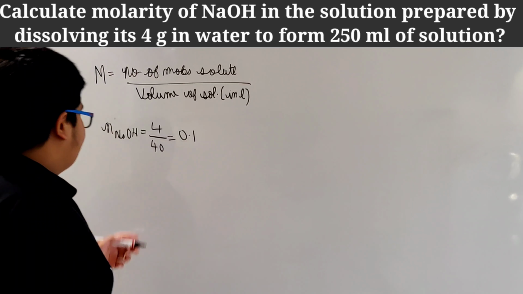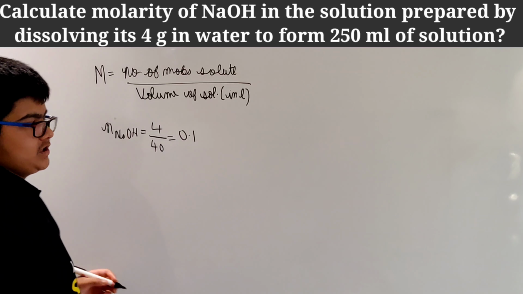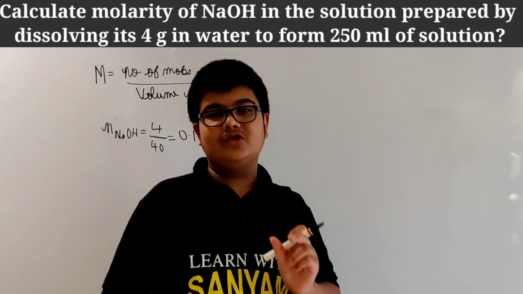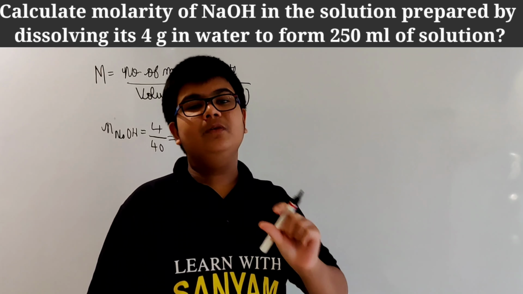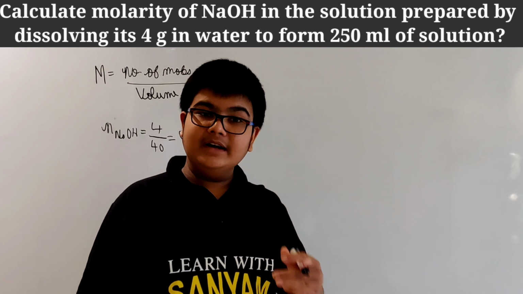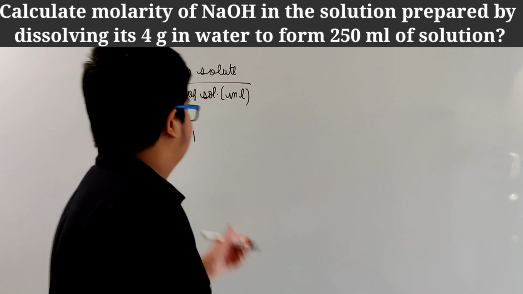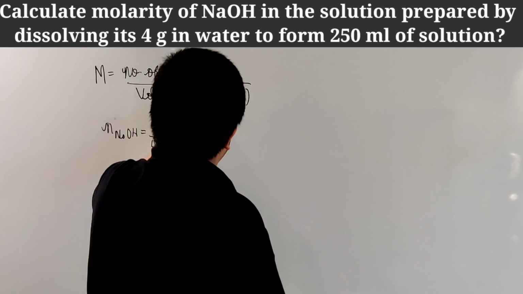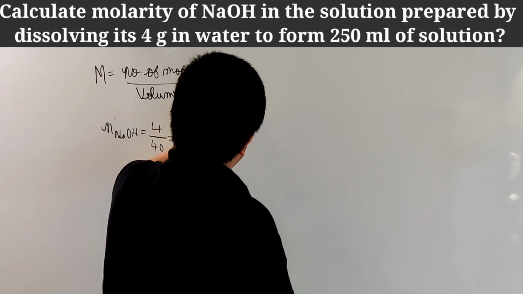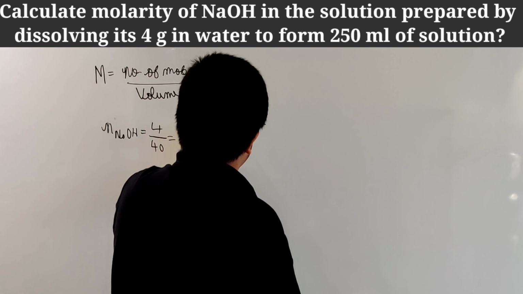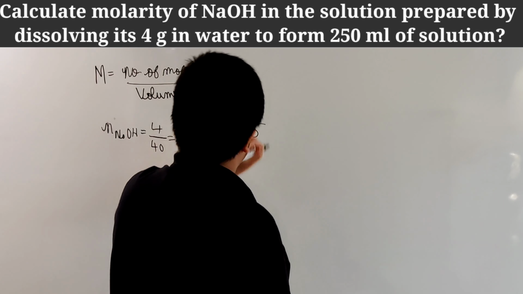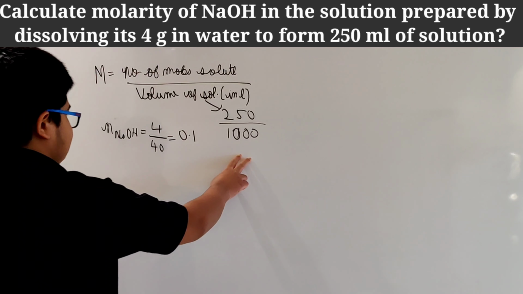Now next we have to find the volume of solution. We are given the volume of solution in milliliters, it is 250 milliliters, but we have to convert it into liters. So we have to do 250 divided by 1000. This will be the volume in liters.